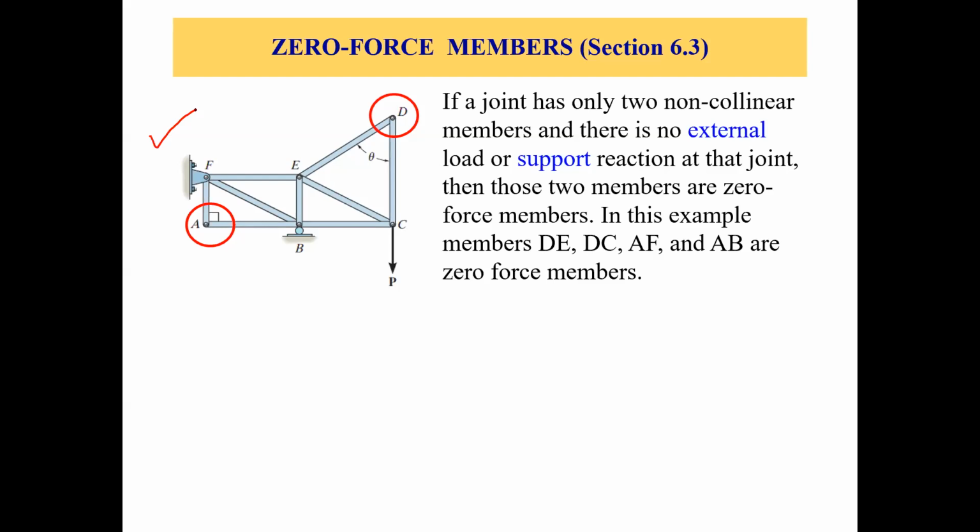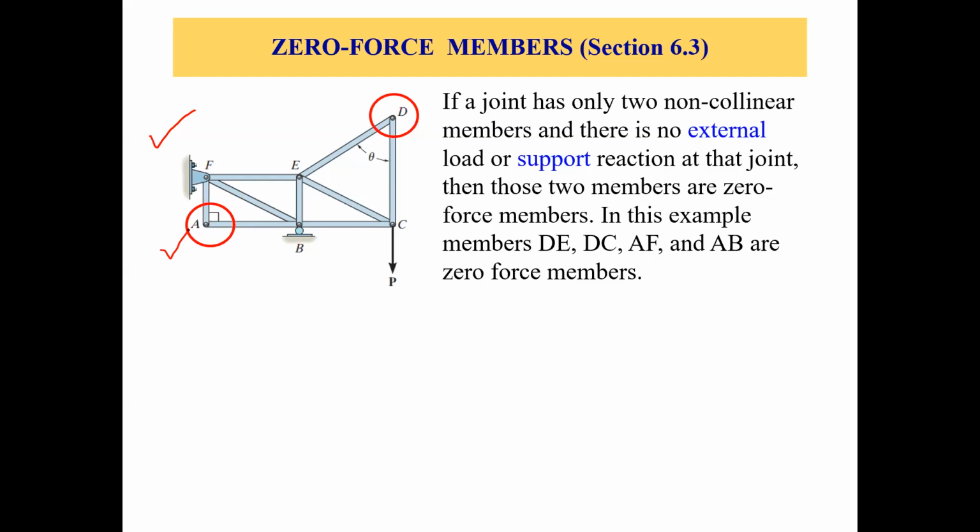Again, look at joint A. We have 2 members, AF and AB, and there's no third member. Both of these members are non-collinear. There's no external load and no support reaction at joint A. So member AF and member AB are zero force members.